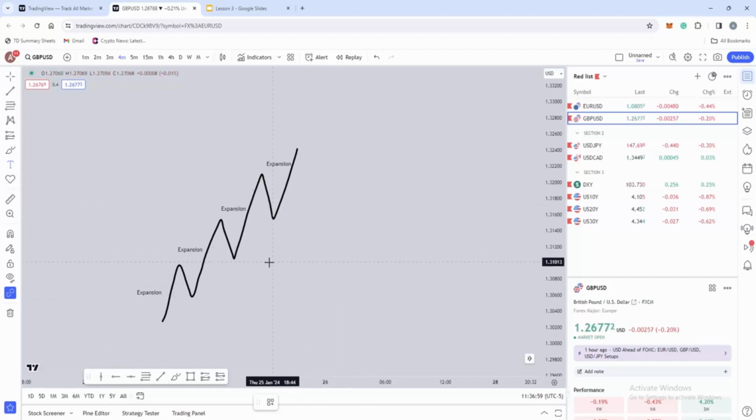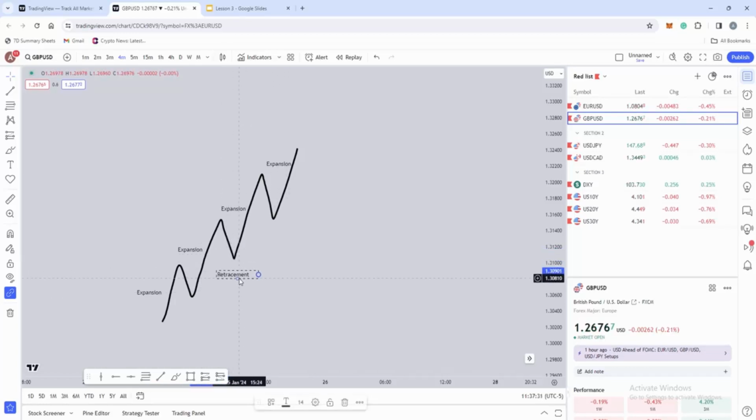So from here, I'll give you a second, point to where the retracement is happening. Okay, I think that's enough time, and I hope you figured out the retracement is happening here.